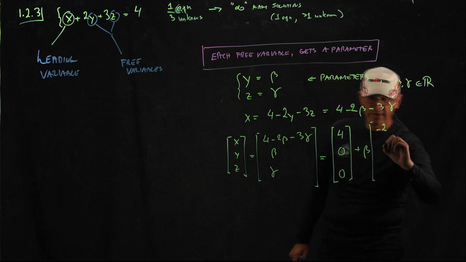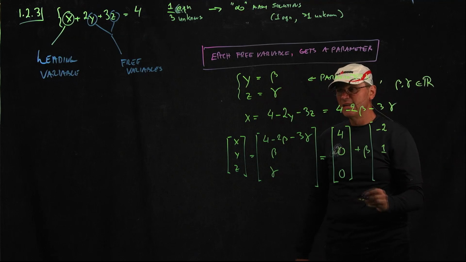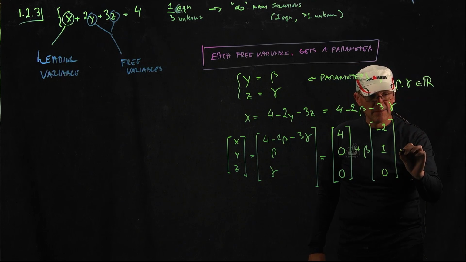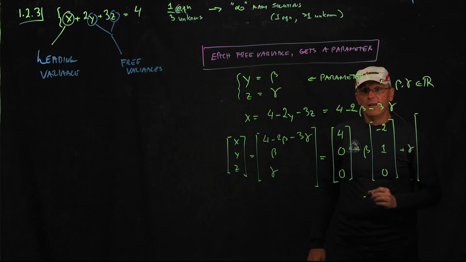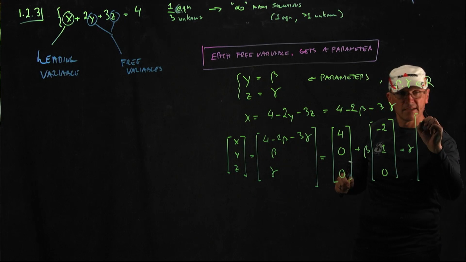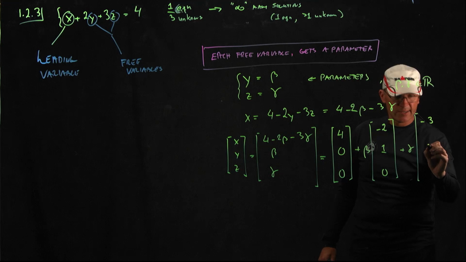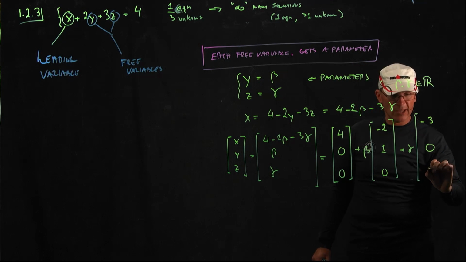Y depends on beta with a factor of 1, because hey, y is beta. But z does not depend on beta, so that gets a 0. And then we have gamma times x has a factor of -3. Y only depends on beta, so we get a 0. And z is gamma, so that gets a 1.